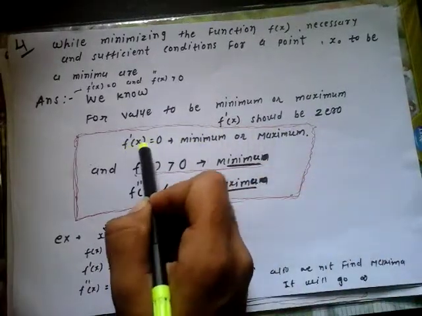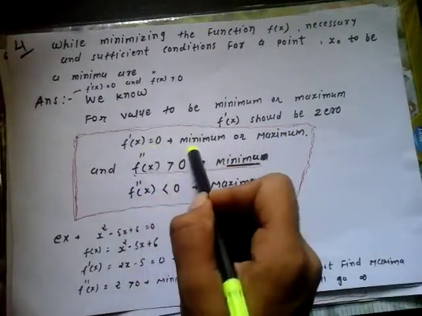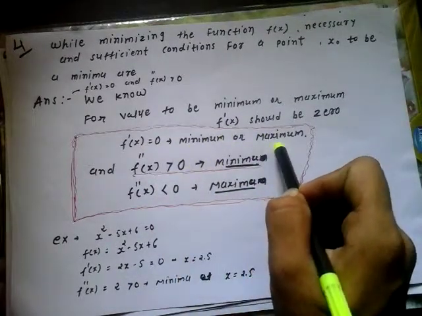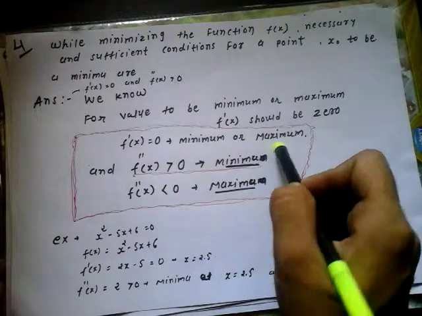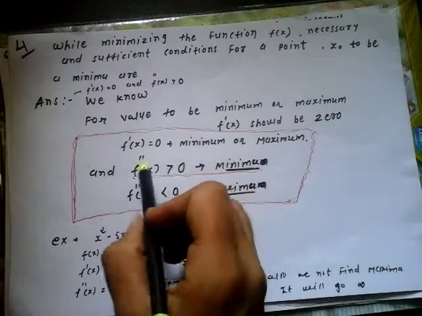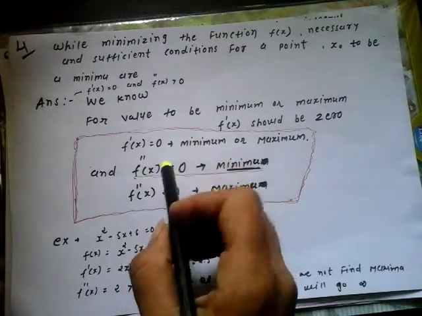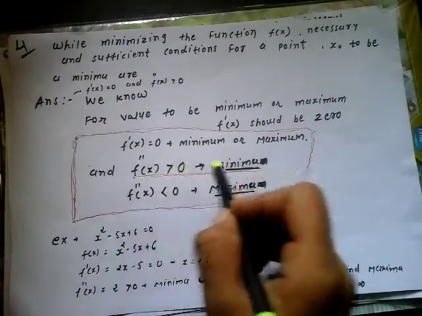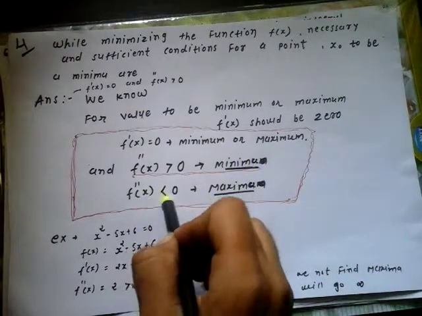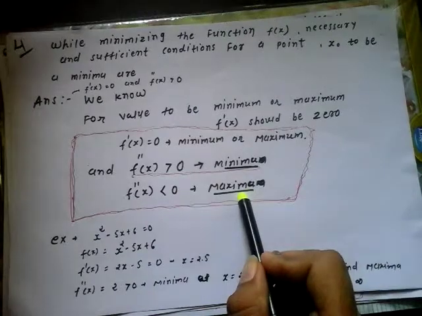So f dash x should be 0. We can find whether it is minimum or maximum by the second differential. If f double dash x is greater than 0, then the value is minima, and if f double dash x is less than 0, then it is maxima.